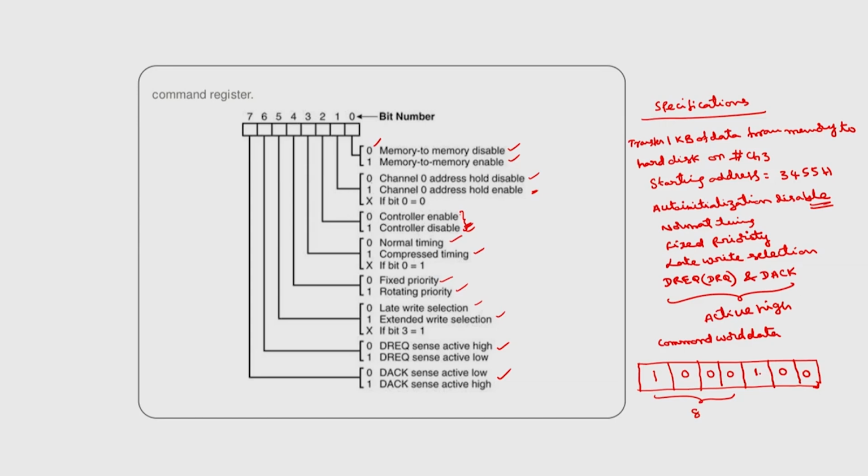So, normal timing is 0, fixed priority is 0, late write is 0. Then we have one more bit here, this DREQ is 0 for active high and this is 1 for active high DACK. So, what will this be? 84H.